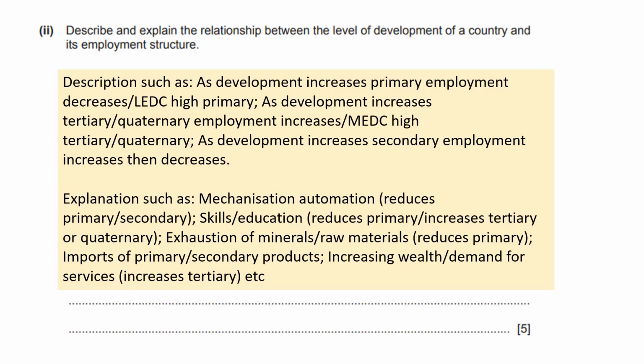Then when there is exhaustion of minerals and raw materials, it will reduce the primary sector. And when there is now import of primary and secondary products, most people will now move to tertiary for employment. And when there's increase in wealth and demand for more services, obviously your tertiary sector will increase. You can pause this and read over it again.